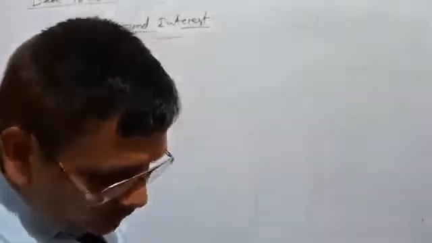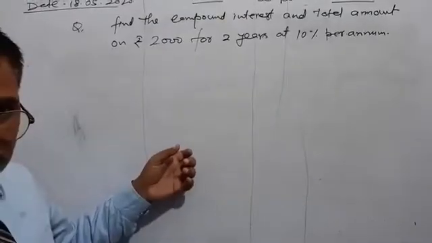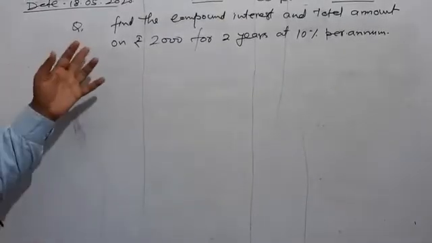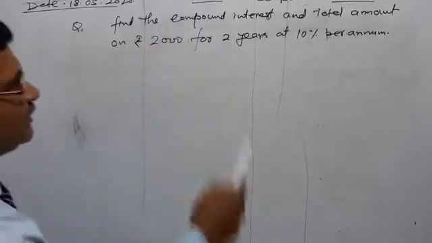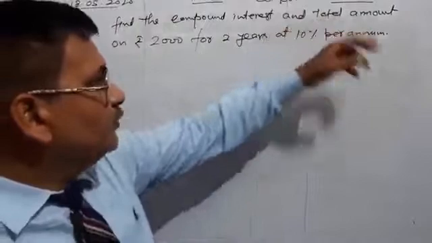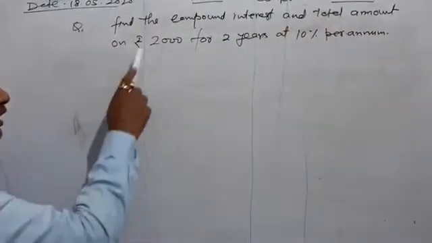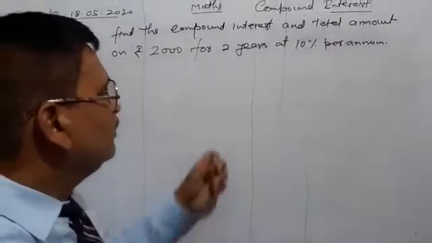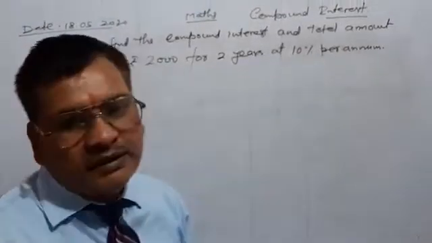For example, question: find the compound interest and total amount on rupees 2000 for 2 years at 10% per annum.